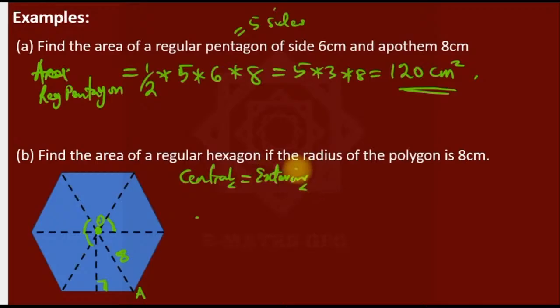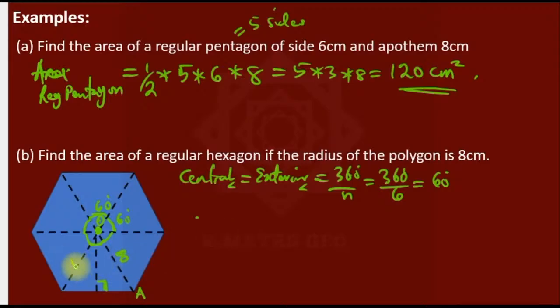And I told you, for a regular polygon, the exterior angle is 360 degrees over n. We have 6 sides, so 360 over 6. Each of them is 60. So this central angle is 60 degrees.